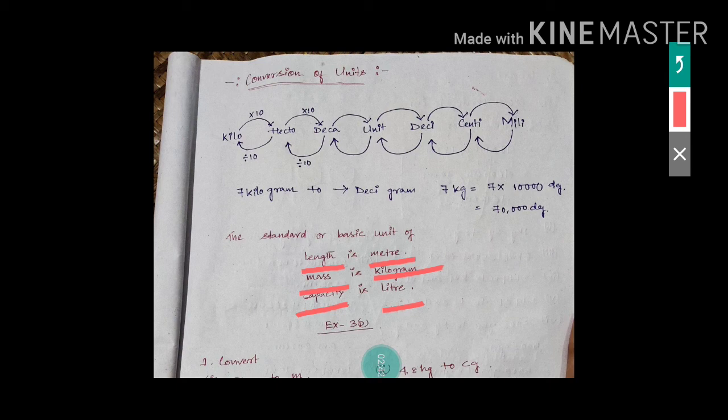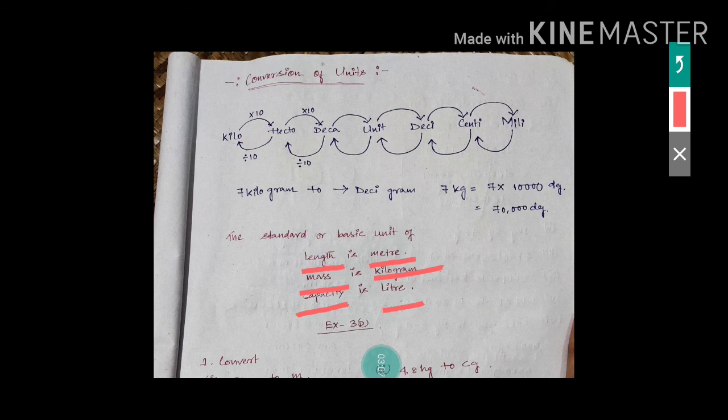At that time you will say how much the mass is. Generally we say everything in kilogram, kg, which is the short form. So the basic standard units are for length, mass and capacity: length unit is meter, mass unit is kilogram, and capacity unit is liter.